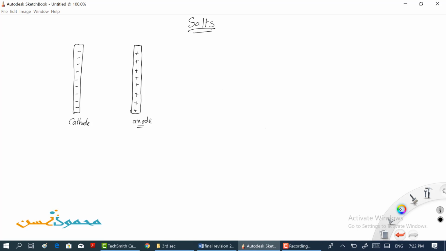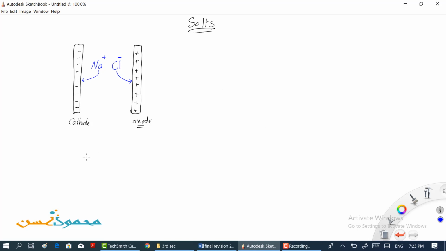If we have a salt inside it, this is the solution of the salt Na and Cl, positive and negative. So we'll find the Na are directed toward the negative pole or the cathode, and Cl negative directed toward the positive pole.